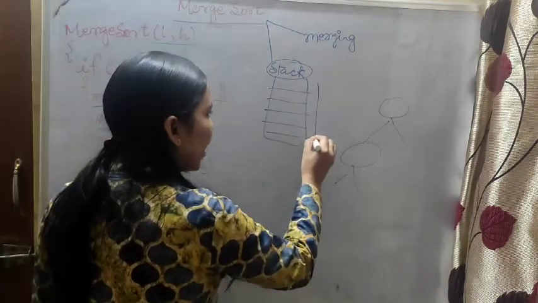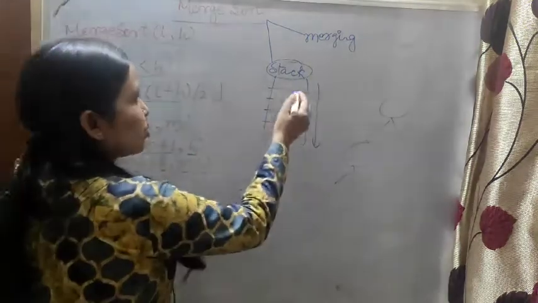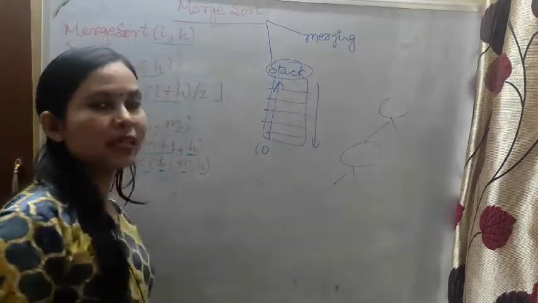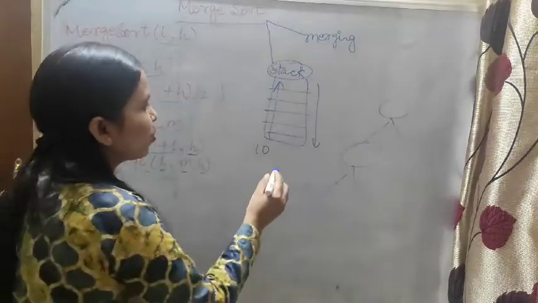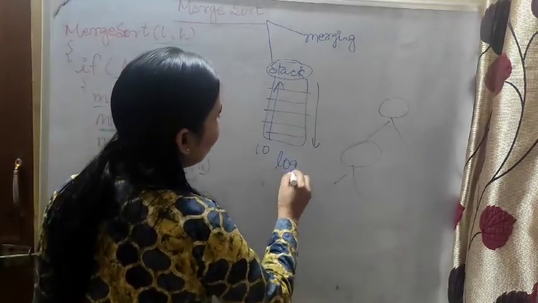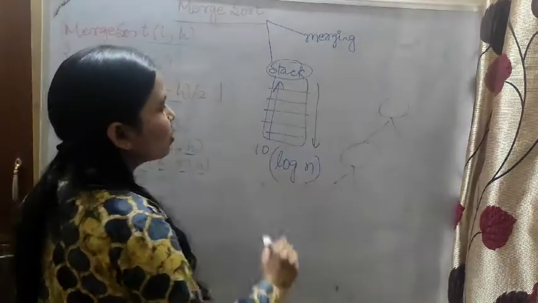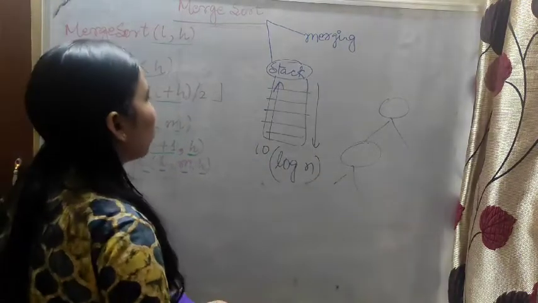So whatever nth value will come, it doesn't mean that the stack will also take n storage. Suppose 10 elements are there, it doesn't mean 10 array elements will be taken. That is why it depends on the height of the tree. So it is log n.